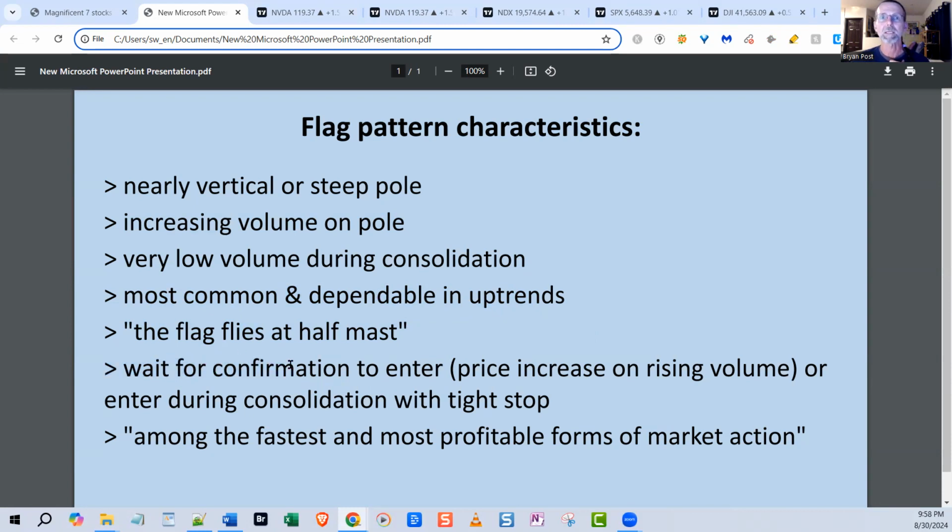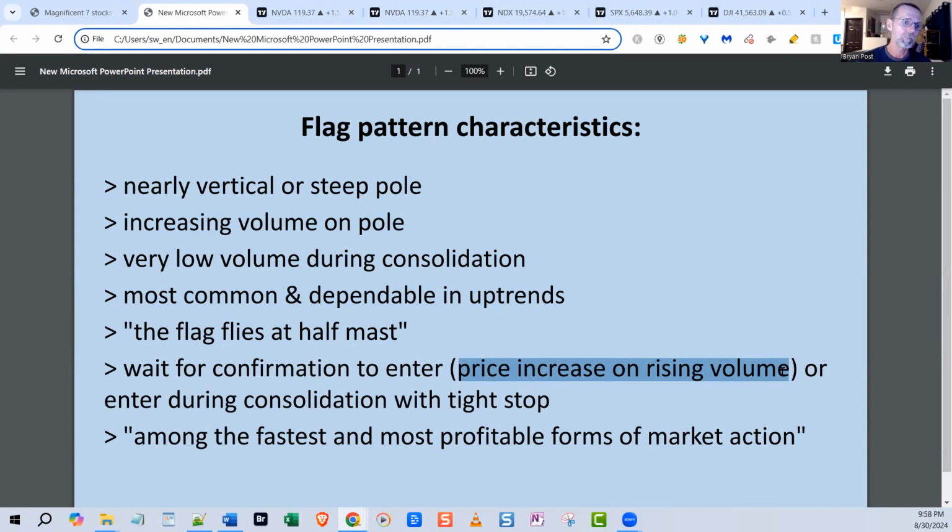Wait for confirmation to enter. Don't just jump in when you see the start of a flag pattern because, oh, it's a flag. Basically, you trade it like a breakout trade and wait for confirmation. You want to see the price breaking upwards out of the consolidation, the flag, on rising volume, and then get in.